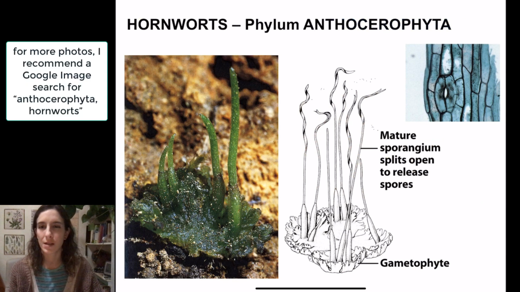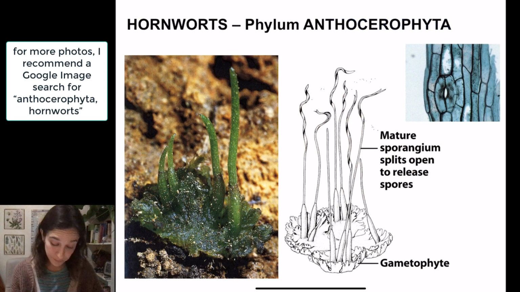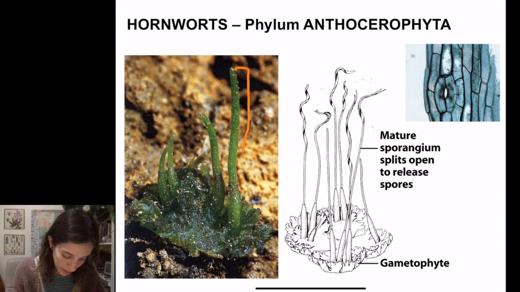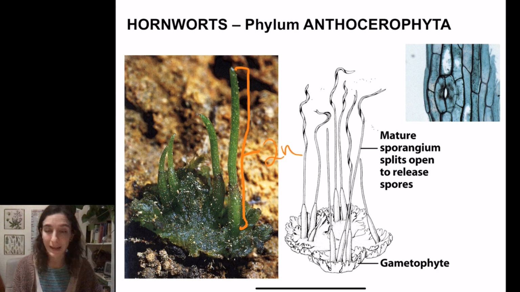Their sporophyte is small, short-lived, but at least in this picture you can tell their sporophyte is actually photosynthetic. This part right here is the sporophyte, 2N. And then down here, all this structure, this is all the gametophyte, which is N.